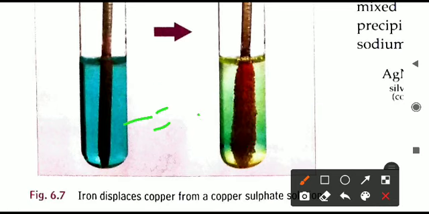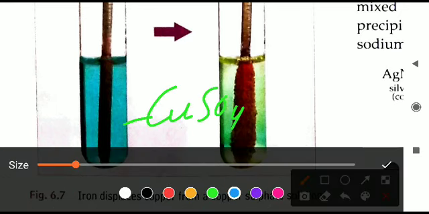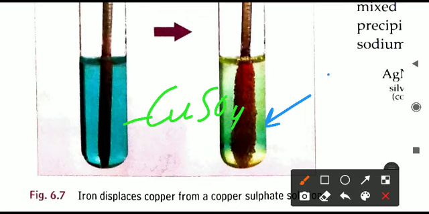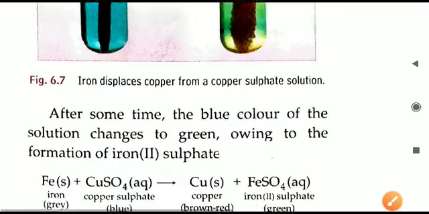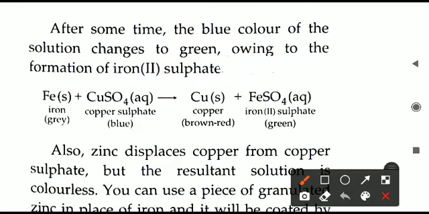Earlier the solution was copper sulfate, that is CuSO4. Now this green colour is there. What solution is this? This is FeSO4, ferrous sulfate. So that is why we can say it is a displacement reaction. Iron is displacing copper from its position, because iron is more reactive and copper is less reactive. Here you can see the reaction that is given here.